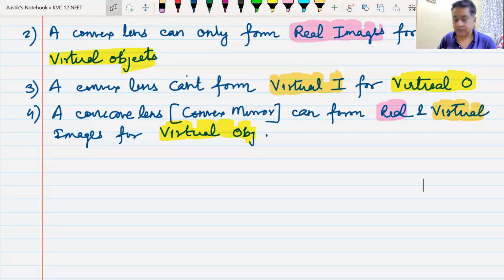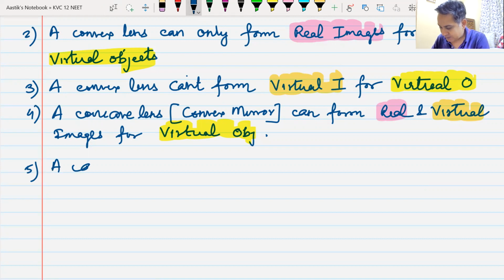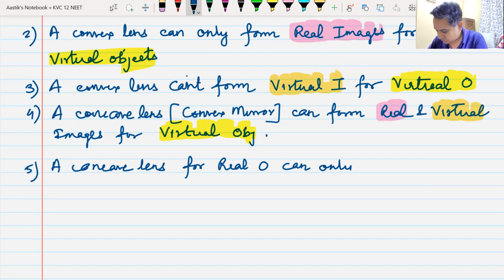What next? For real objects, a concave lens can only form virtual images.